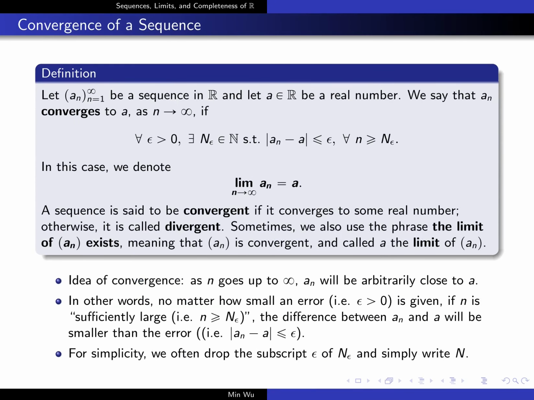Okay, so next I want to talk about what we mean by the convergence of a sequence. Since we want to talk about the convergence of a sequence, we first have to give a sequence. So let (a_n) with n from 1 to infinity be a sequence in R. And also, because we want to talk about where the sequence converges to, we also have to have a number.